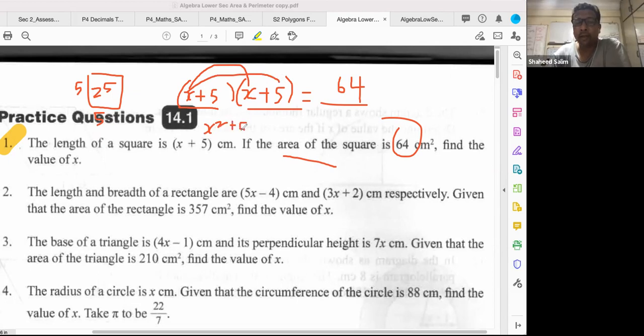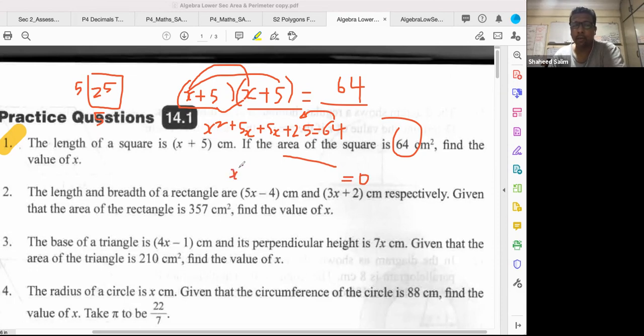You times first, then 5 times x, 5x. Then 5 times 5, you get 25. Then in order to solve this plus 25, you must bring the 64 over that side. You must make it 0 down here. So you bring the 64 that side, this one becomes 0 now. You learned something like that in school, right?